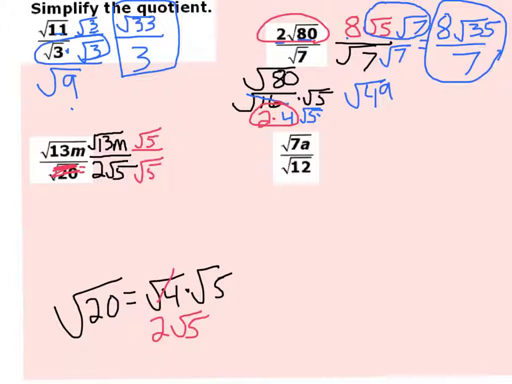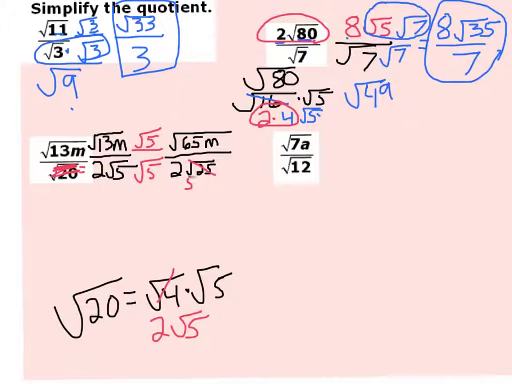Here's what it looks like. On the top, I did 5 multiplied to 13 is 65, so I have the square root of 65m all inside. Here I did 5 multiplied to 5 is 25. It's still inside for now. And then the 2 will just multiply to the invisible 1. Let's break this out of jail. So what's the square root of 25? That's 5.